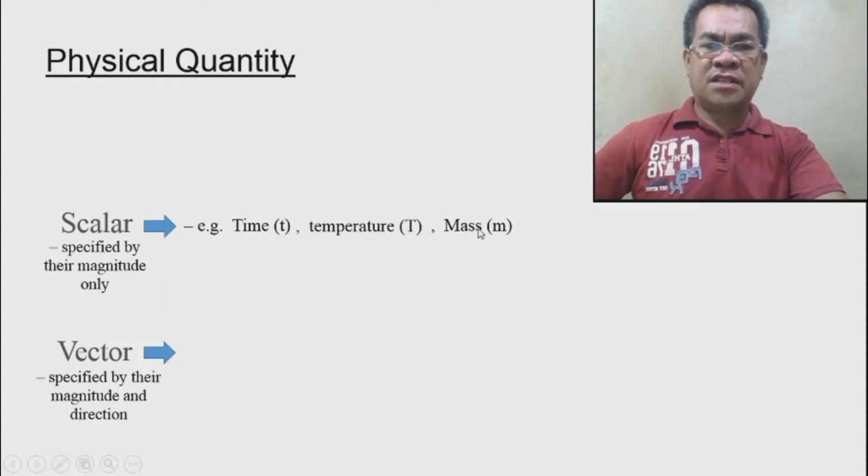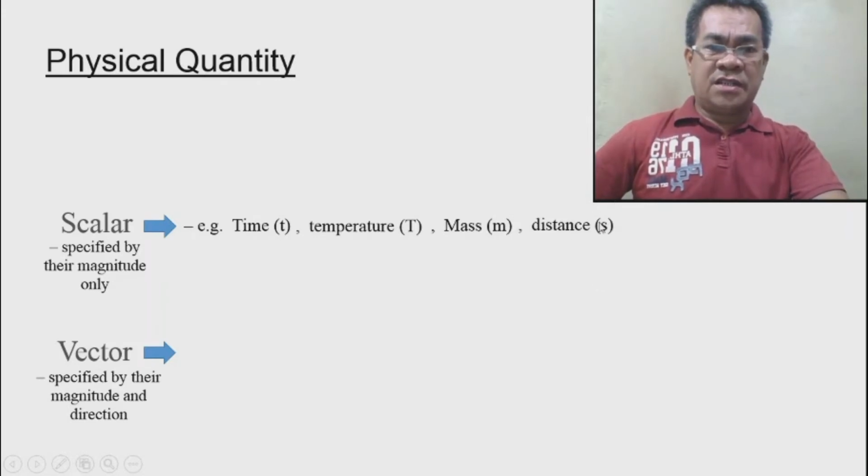Now, our mass on Earth is the same mass if we are on the moon or on other planets. Mass is the amount of inertia. Inertia is the property to tend to resist. So the bigger the inertia, the bigger the mass. So this is actually scalar.